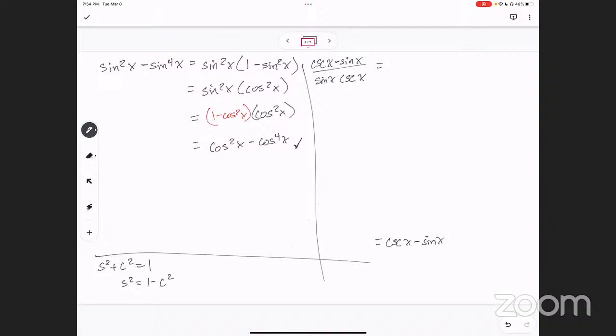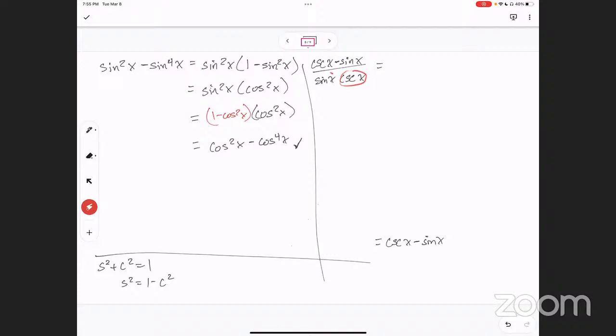Oh, wait a minute. This is almost too easy. Do you see what you can do? Cancel out the cosecant. What's cosecant, Micah? 1 over sine.